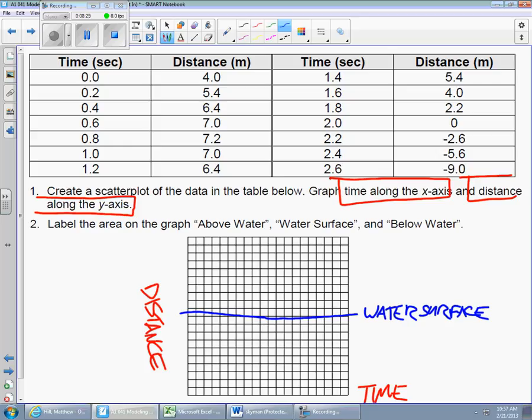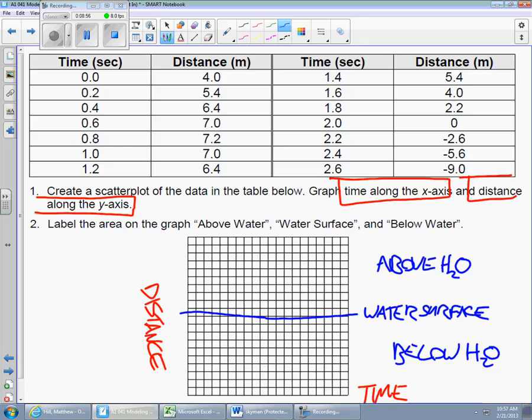Okay, and it says to also label the information as above the water and below the water. And it's kind of important to have that information in the graph because if they want us to create a scatter plot, we'd probably better know where 0 is, where the water surface is.